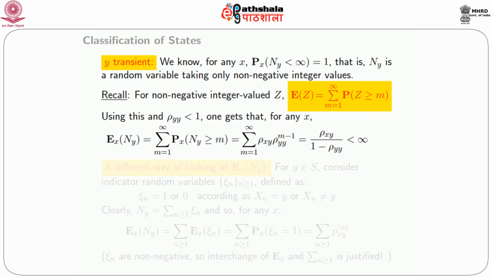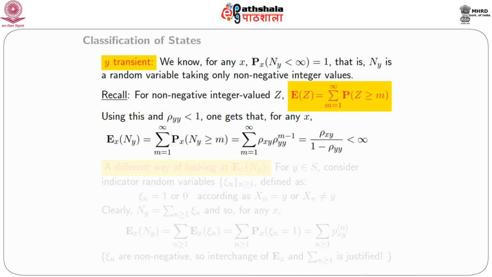Rho_xy, of course, comes out of the summation, and then it's a geometric series, and since rho_yy is greater than or equal to 0 and strictly less than 1, that geometric series converges to the sum 1 over 1 minus rho_yy. So this expected value becomes rho_xy divided by 1 minus rho_yy, which of course is a finite quantity. So we have a finite expected value.